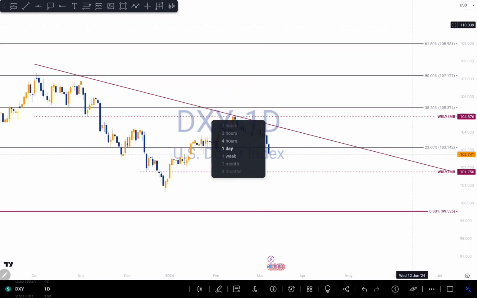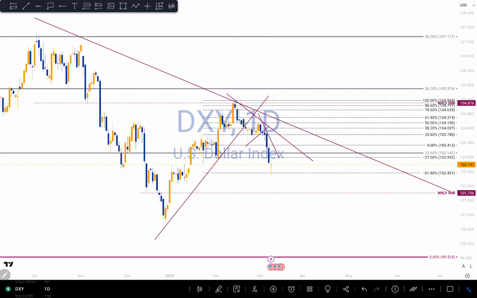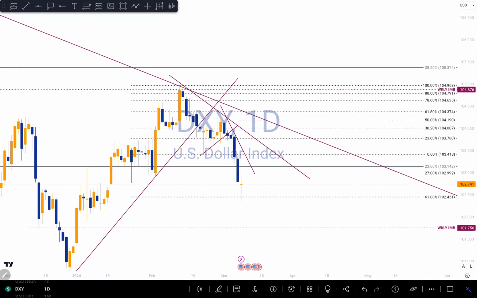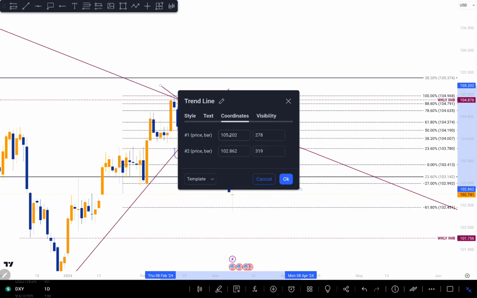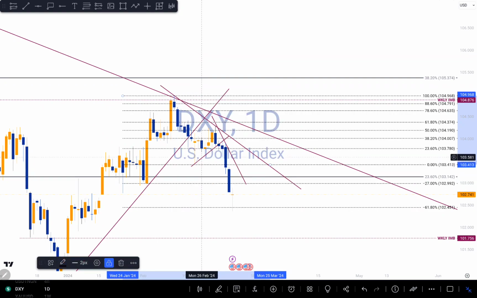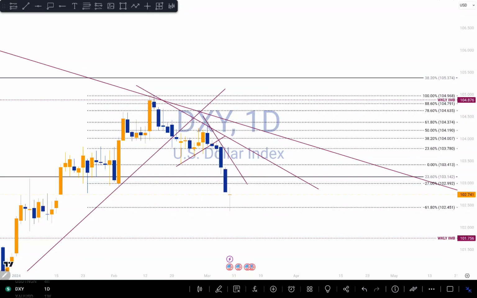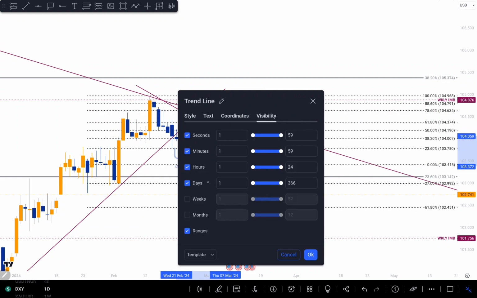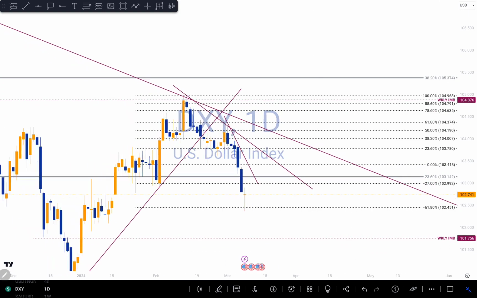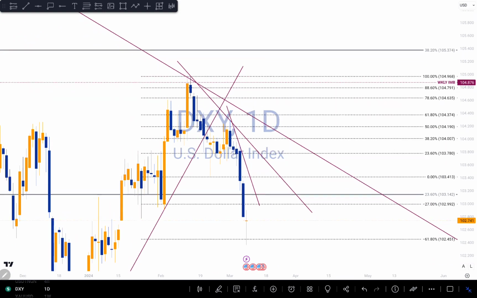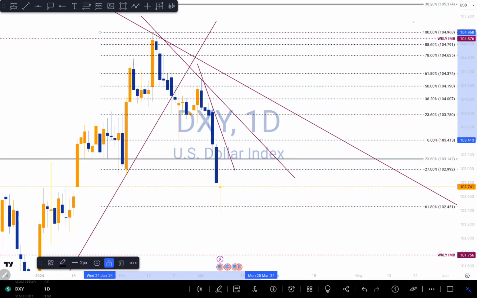So let's go to a smaller time frame. This is my daily time frame right here. Let's delete this one. We can see that we still continue to have this momentum of sell, especially this candlestick right here, right?